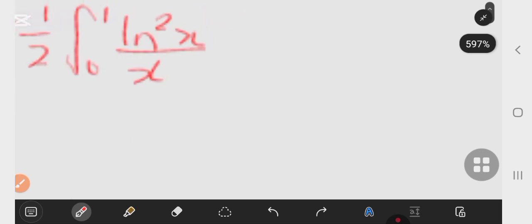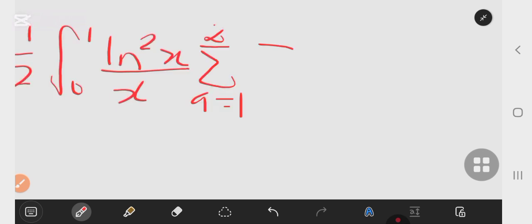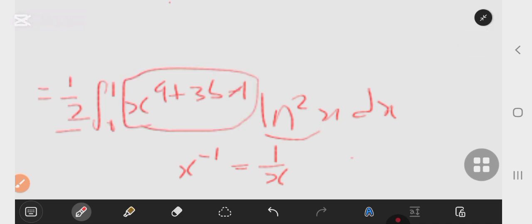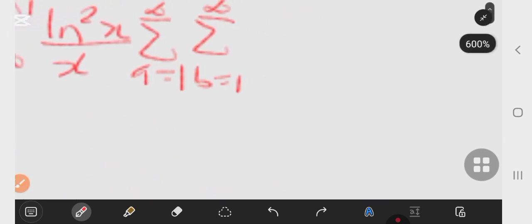I have the sum to infinity of a from 1 and the sum to infinity of b from 1 also of what? x to the power of a plus 3b. Remember, this has already been taken out, so I have x to the power of a plus 3b.